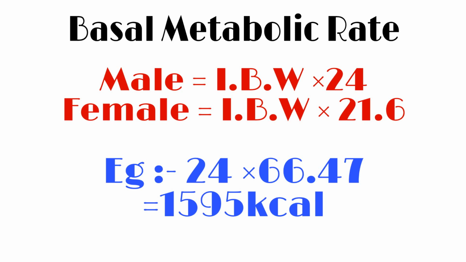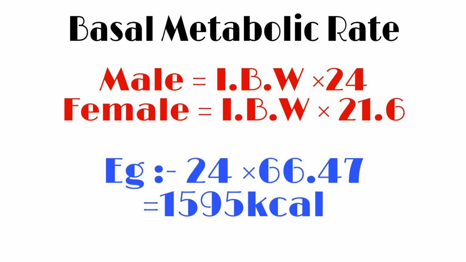Then we have to find your basal metabolic rate. It's not BMI, it's BMR, not body mass index. Basal metabolic rate is the metabolic rate when you are resting. Mostly you can consider that as when you are sleeping.